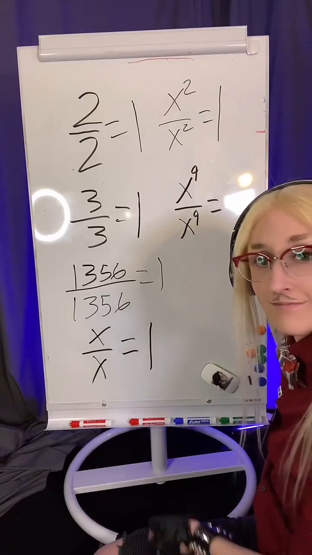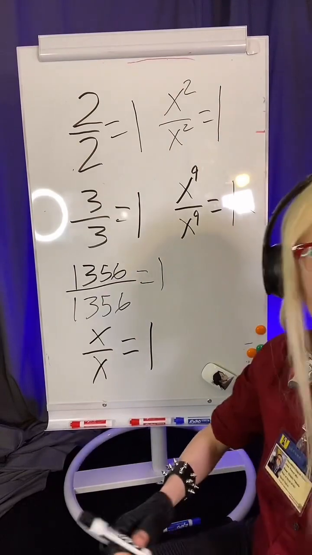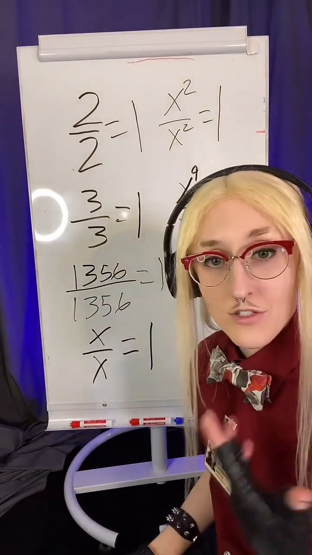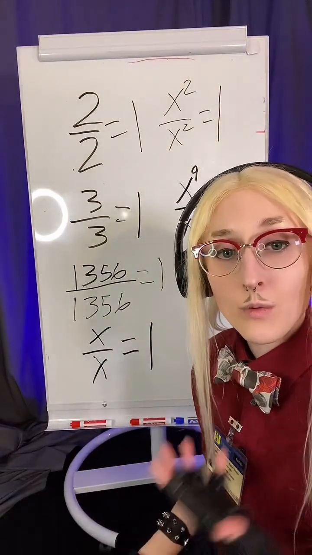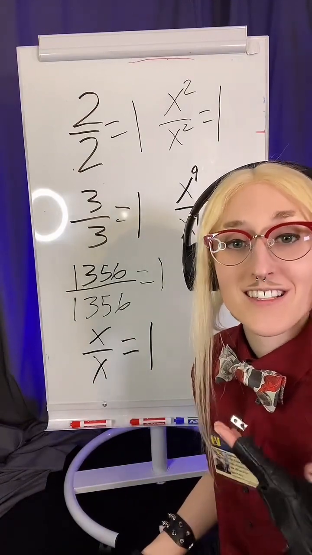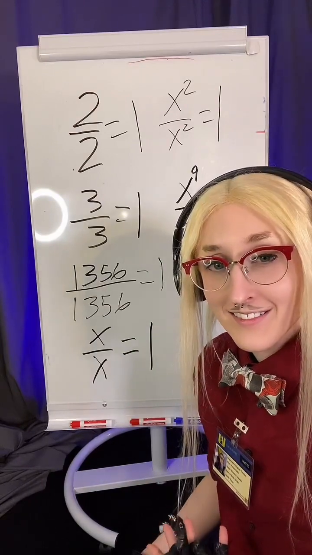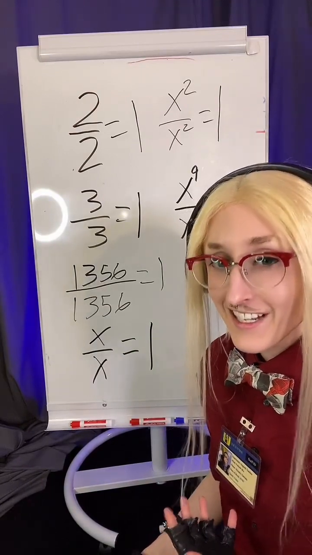Yeah, it's just 1. Anything over itself continues to be 1. We don't need to know what it is. We just need to know that it's the same thing. Isn't that neat? I think that's really neat.